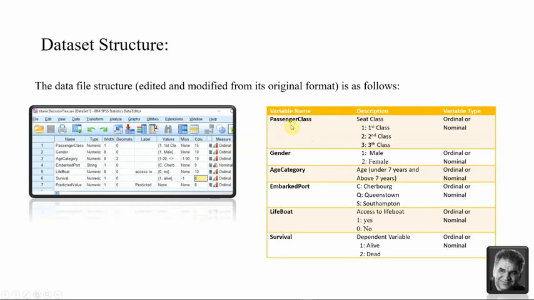As can be seen, the passenger class variable, which indicates the type of the ticket and the social status of the passengers, has three categories: first class, second class, and third class. The lifeboat variable, indicating access to the lifeboat, has two categories: yes or no.